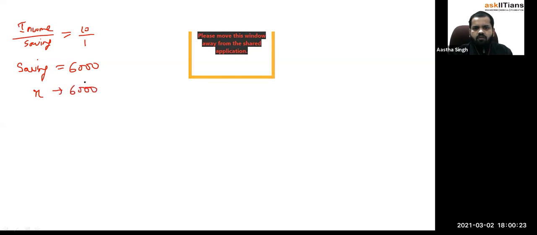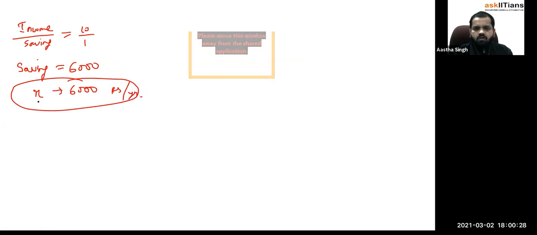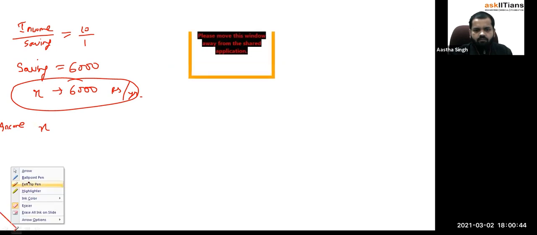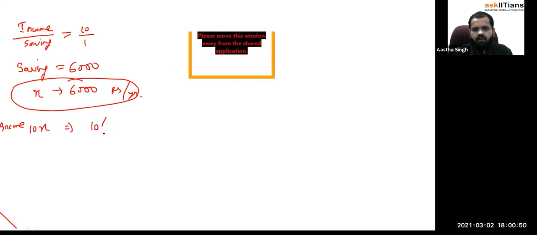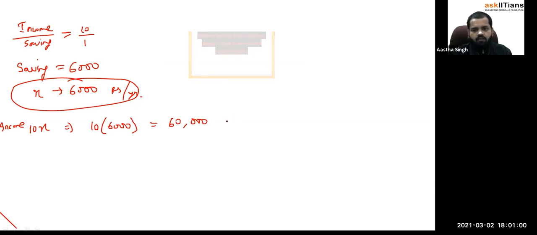So x will be 6,000 rupees per year. If your saving is x, your income will be 10x, not 6x. And what is the value of x? 10 into 6,000, that is 60,000 of income per year.